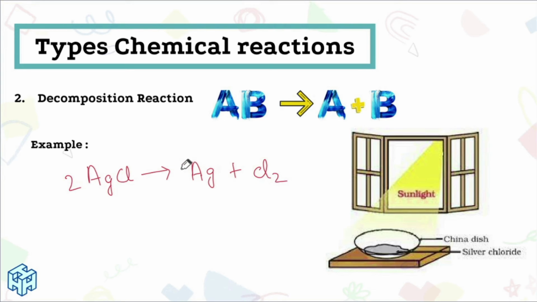Let us balance it. Silver chloride is giving silver and chlorine, due to which we can observe that, due to the loss of chlorine, chlorine gas has been liberated.